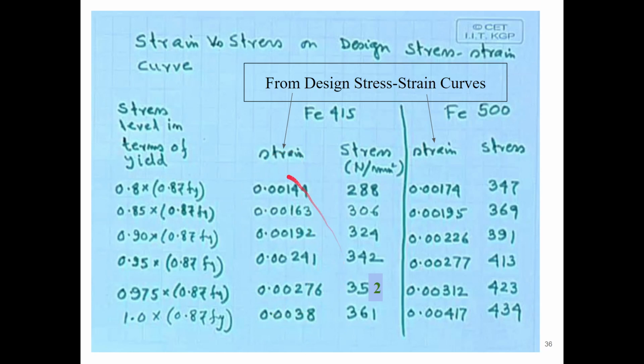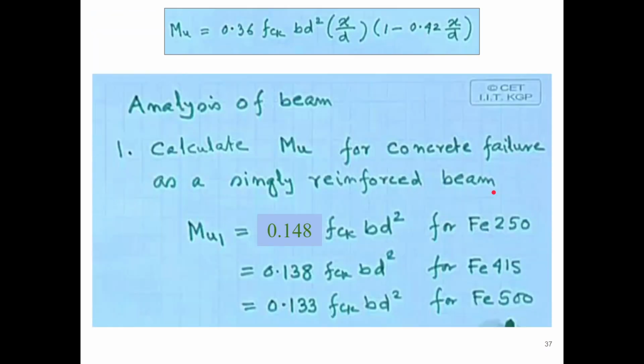Apart from this, these values are found out from the design stress strain curve for the particular grade of rebars. These values will be used for finding the Fsc value for a given epsilon SC value. We will understand when we solve problems.